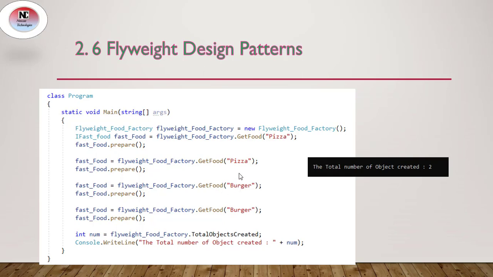Now we add burger. Burger is the second type which will be added. The third time we request burger, it will not get added because it is already there. So we have made 4 requests, but you can see the shared objects created are only 2. So flyweight allows you to restrict the creation of objects and it saves your memory.